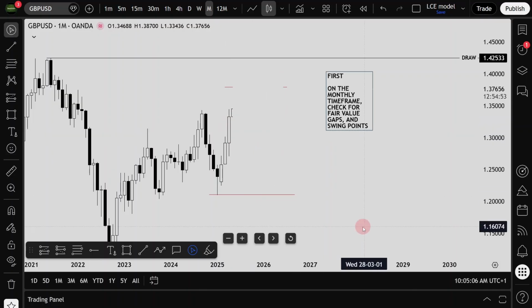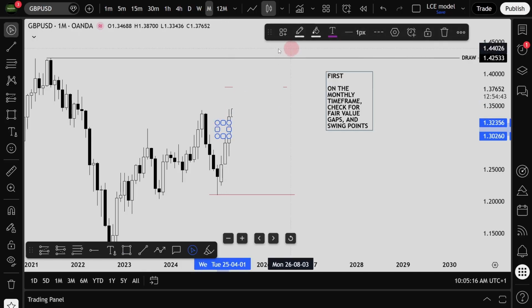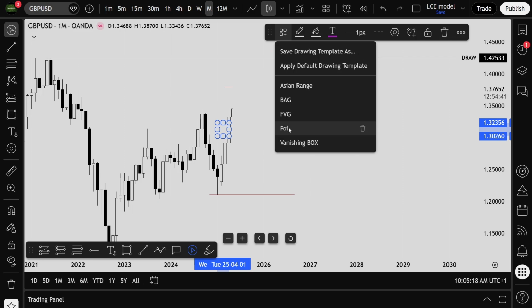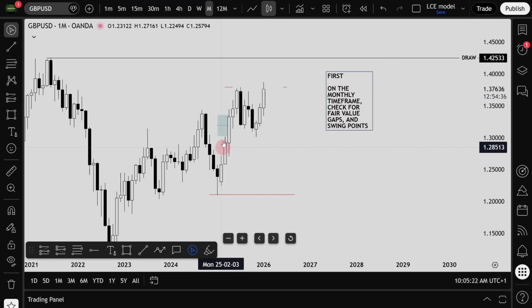A fair value gap has not been created. Check it out. The only thing we have is this gap over here. This full gap. We only have a full gap because let's assume that other candle has not been created.